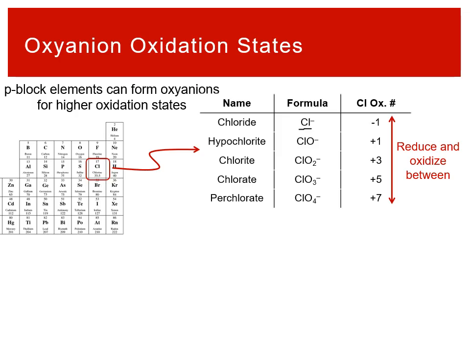But chlorine can also form a variety of oxyanions, those polyatomics, that feature different numbers of oxygen atoms: hypochlorite, chlorite, chlorate, and perchlorate. And we can see that in each of those, the chlorine atom has a different oxidation number. So if you are dealing with a solution that contains chlorine ions, you can oxidize or reduce those depending on what sort of ion is currently present.